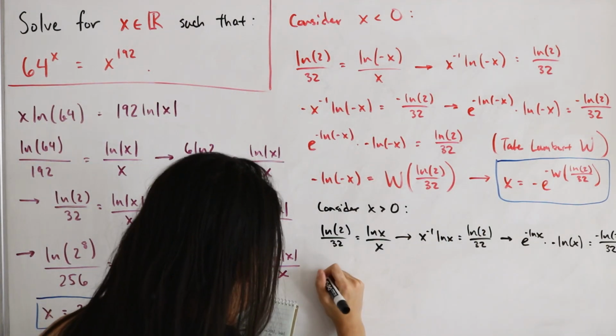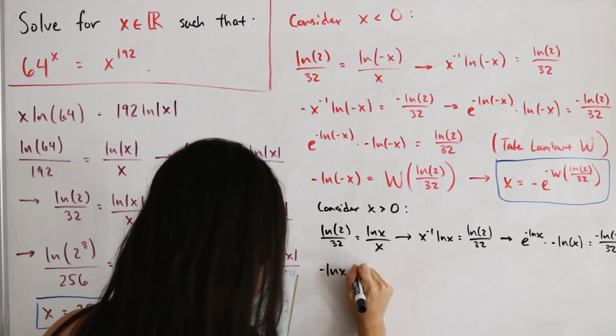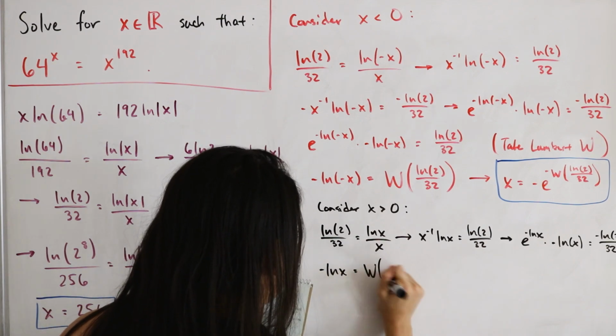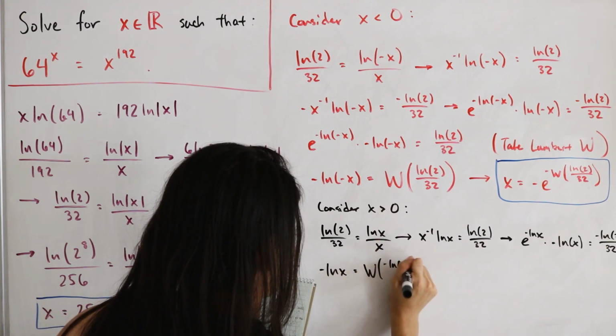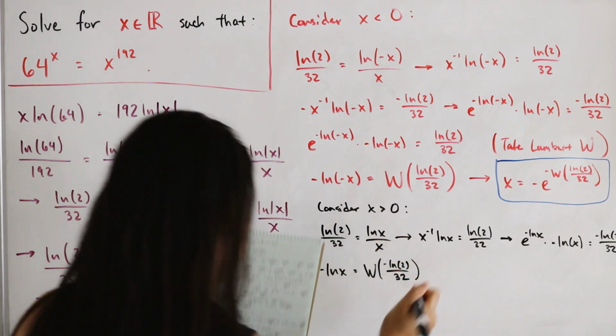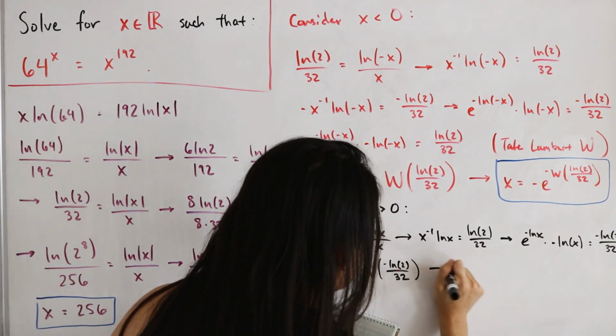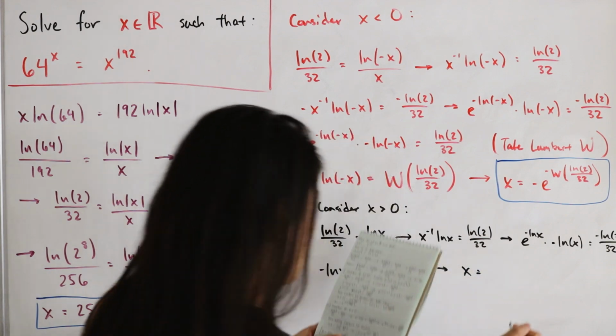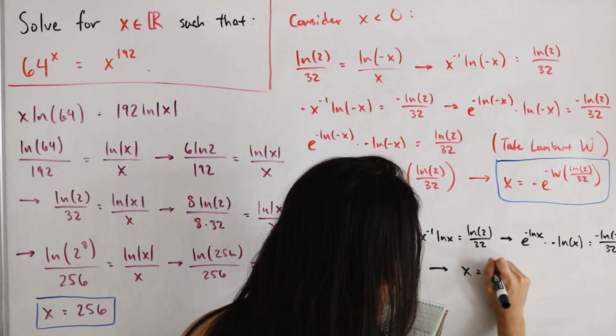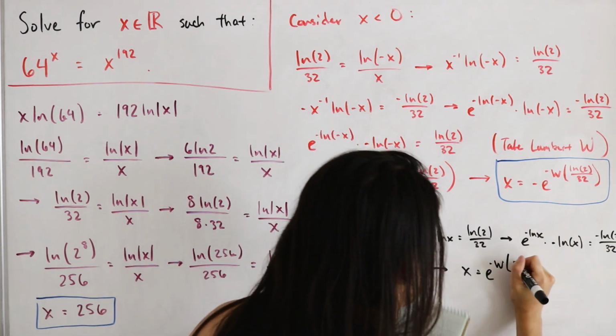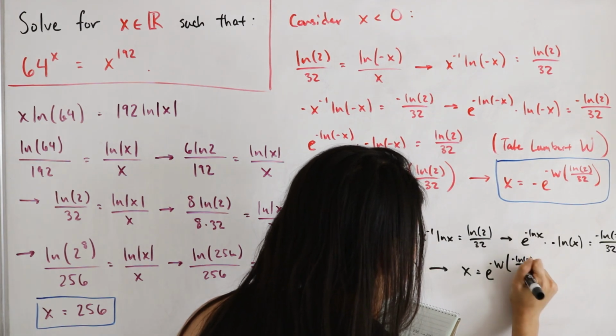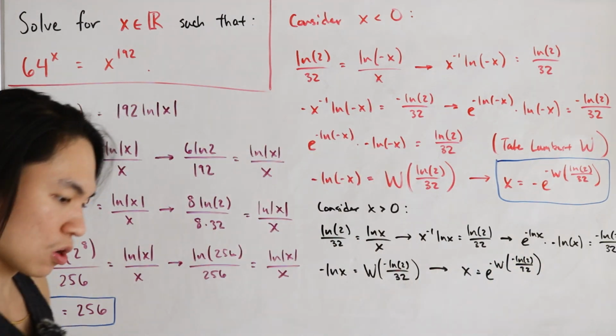So I have the natural log of x equal to W of negative ln of 2 divided by 32. And then if you solve for x by itself, x is just equal to e to the power negative W of negative ln of 2 divided by 32. Okay, so there we have it.